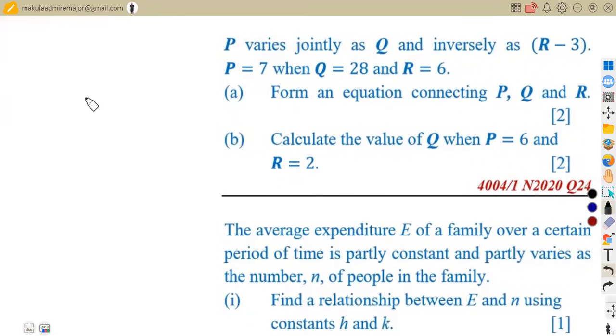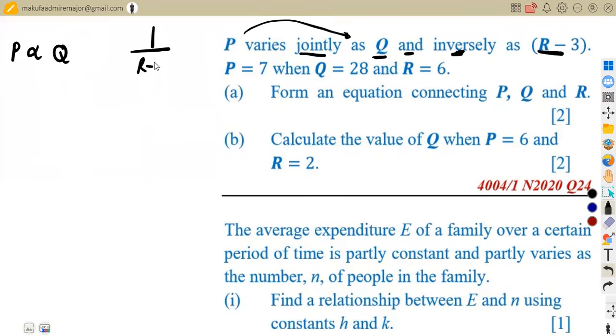All right, P varies jointly. Again, we have a joint variation, jointly as Q. So this is in a direct manner when you are given, like they did not mention that it's inverse. It means P and Q are in a direct manner. So we are saying P varies directly as Q. But at the same time, and inversely, the moment we see this word inversely, it's supposed to be 1 over R minus 3.